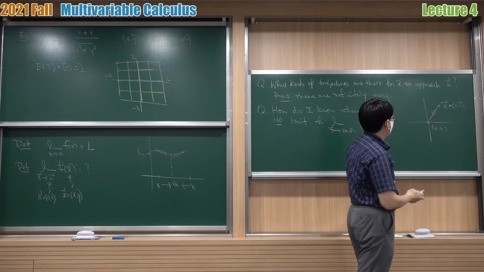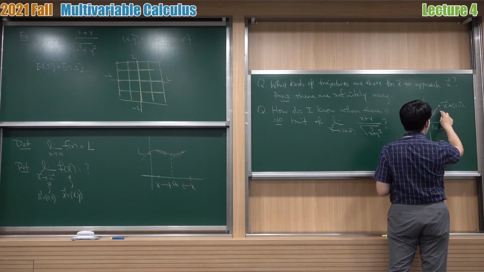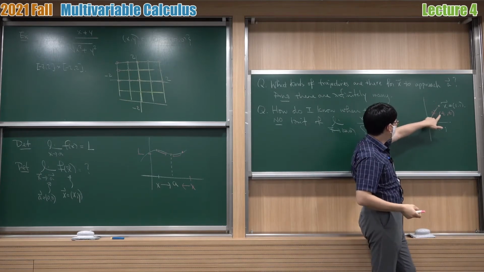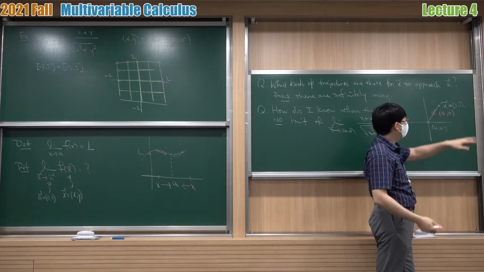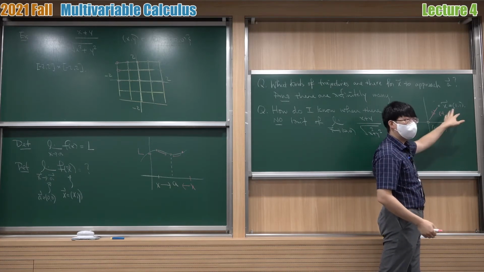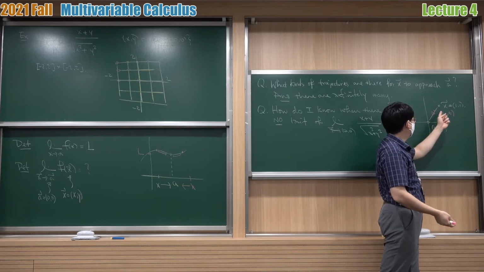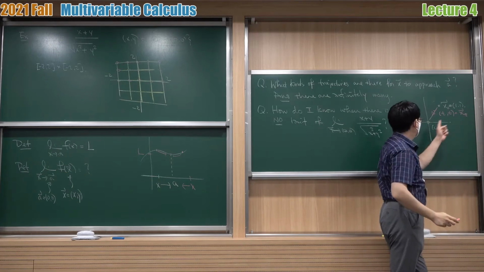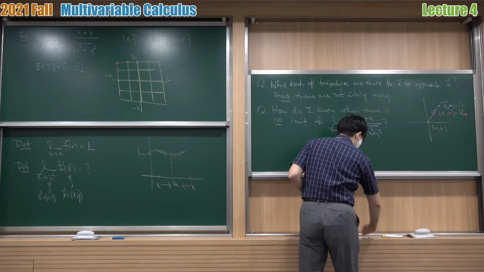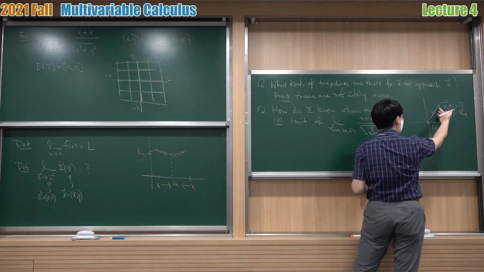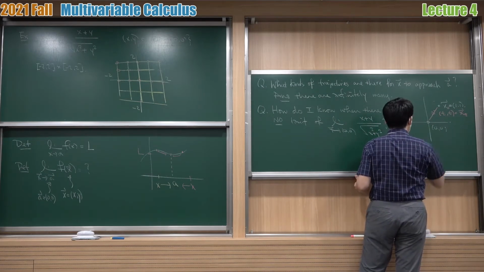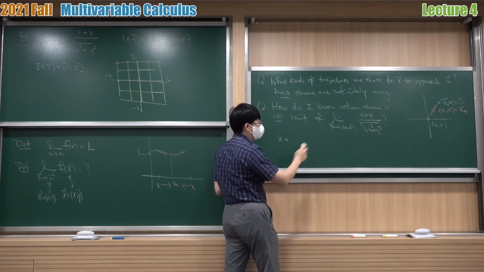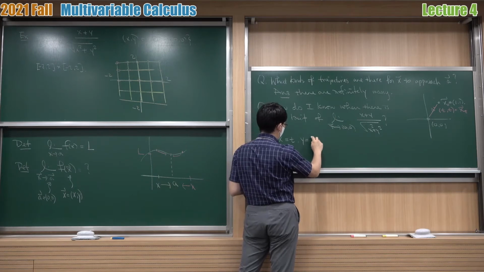I'm going to approach by taking the points in between these two points as t, t, where t is from 0 to 1. Then when t is 1, I'm at 1, 1. As t goes to 0, I'm making x_t approach 0, right? So I'm going to see what happens to the value of the function when I move x_t to 0, 0. So the x value is t and the y value is t.